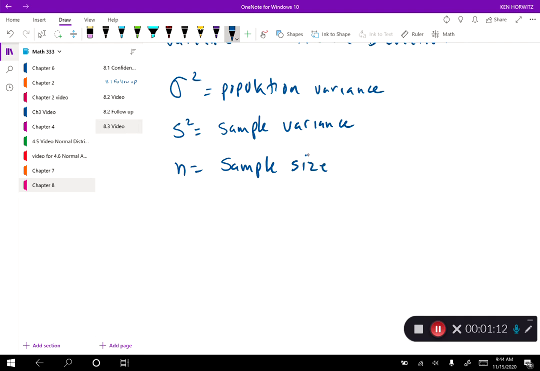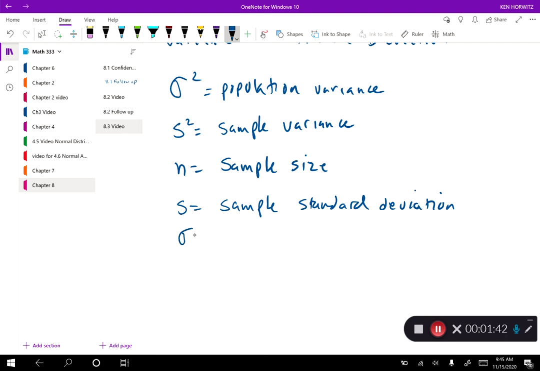If you'll remember, n, when we're doing probability, could have been the number of trials. In this case, we're going to talk about it in relation to sample size. Our s is our sample standard deviation. Remember, to get from variance to standard deviation, you're just doing the square root.